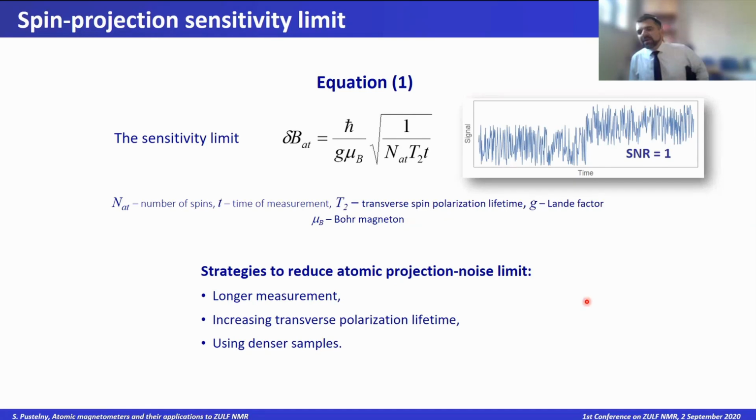Yeah, because we are not talking about detecting anything. We are talking about a limit on our ability to detect a specific spin projection. So this is universal in a sense.